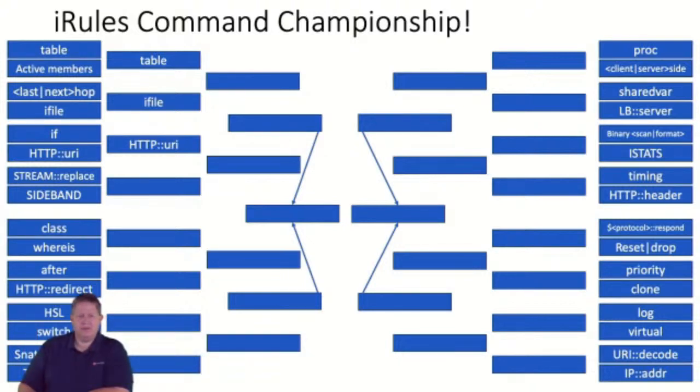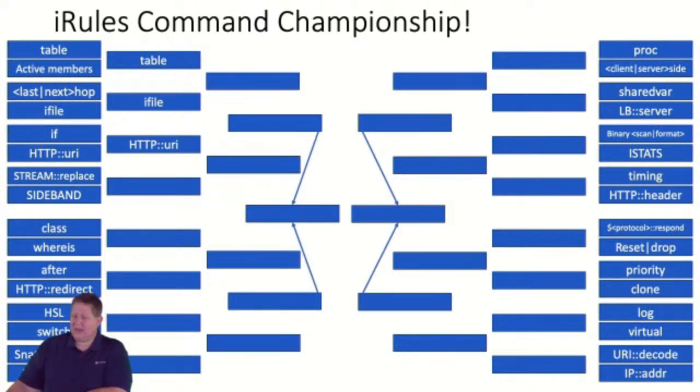All right. So the next one here is stream replace and sideband. So stream replace allows you to, without a whole lot of introspection in the iRule itself, just have match strings and then replace strings. So it's pretty powerful to be able to change content as it's flowing either client to server or server to client.